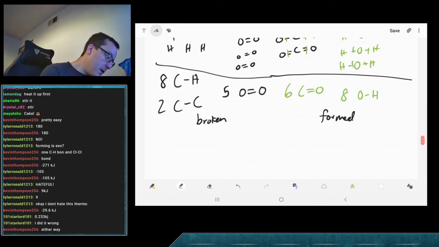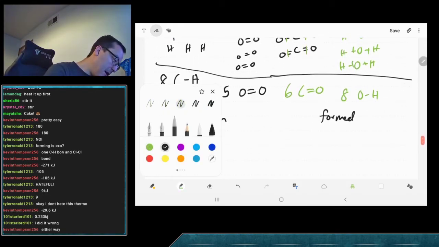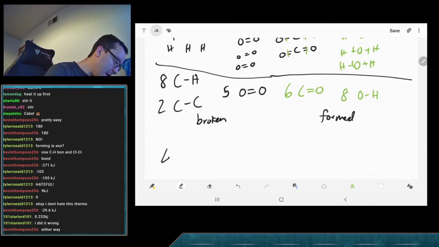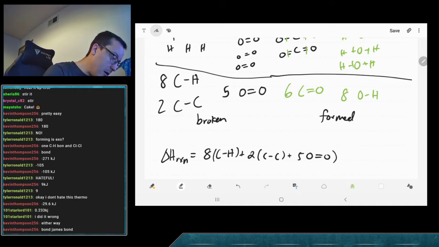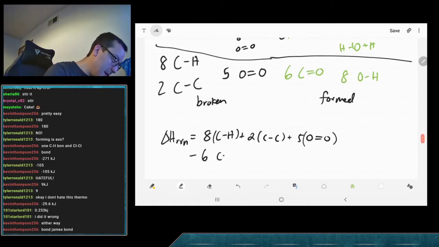Okay. So let's go ahead and understand that our delta H reaction here is going to be broken minus formed, right? Bond, James bond, exactly. So we're going to have 8 CHs plus 2 CCs plus 5 oxygens minus 6 C double bond O's.